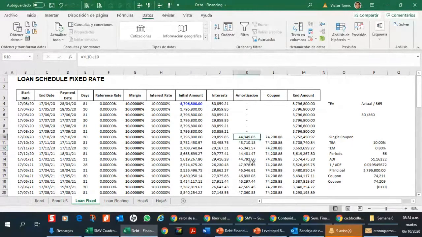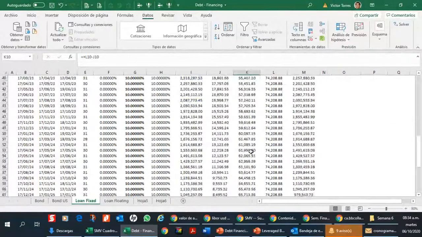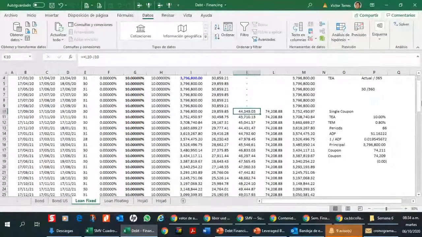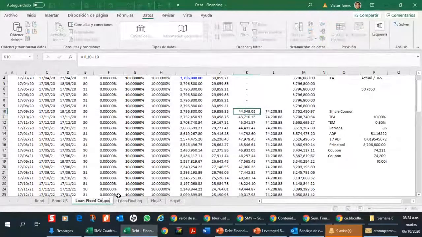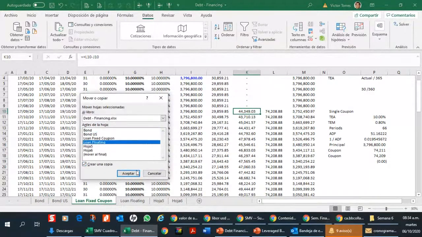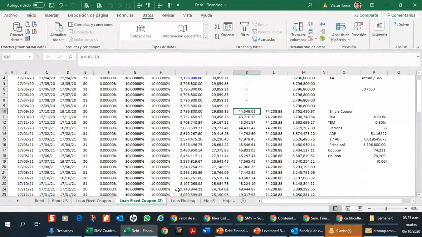So that's why I wanted to have this set up correctly. So this is a loan, fixed, with coupon. Any questions so far on what I'm trying to do over here?